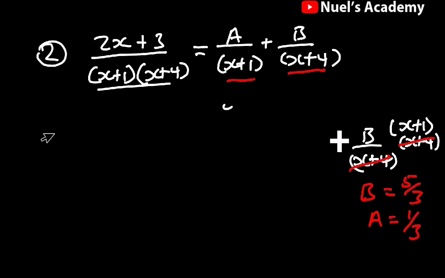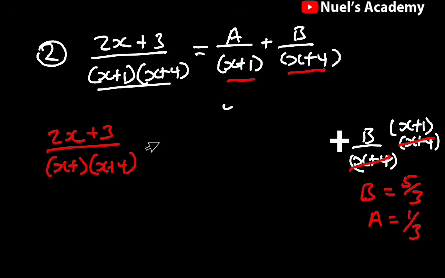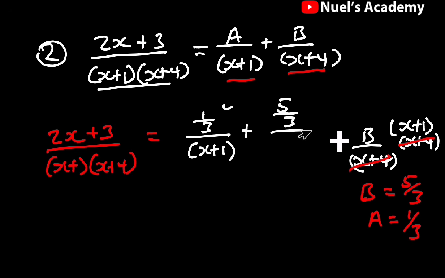So the final answer is that 2x plus 3 divided by x plus 1 multiplied by x plus 4 is going to be equal to, now this a is 1 over 3, we have 1 over 3 divided by x plus 1, then plus b, which is 5 over 3, we have 5 over 3 divided by x plus 4.